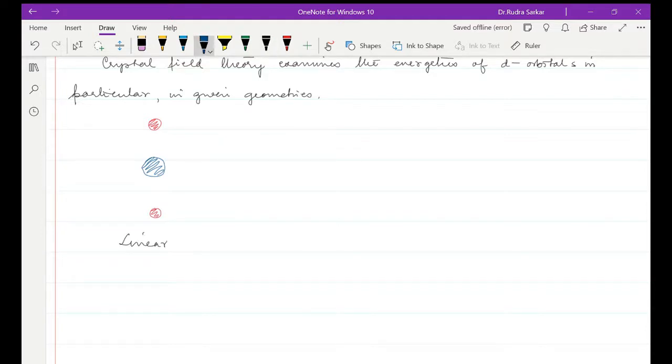Or you can have the ligands come along the vertices of a triangle, like that. So this is trigonal planar.